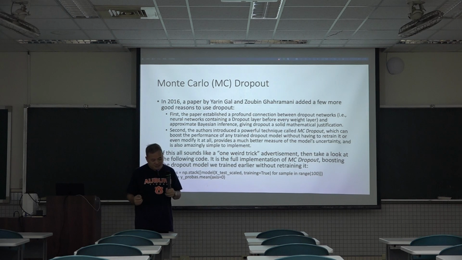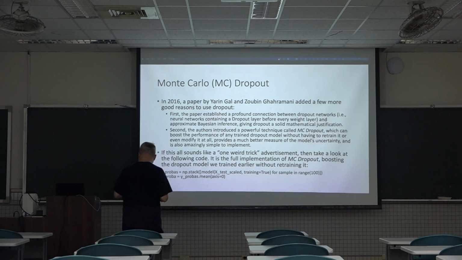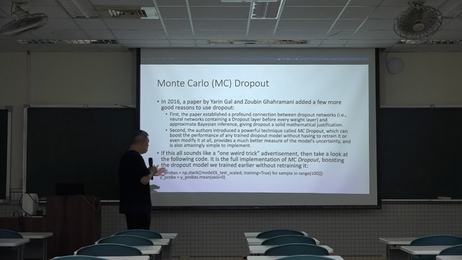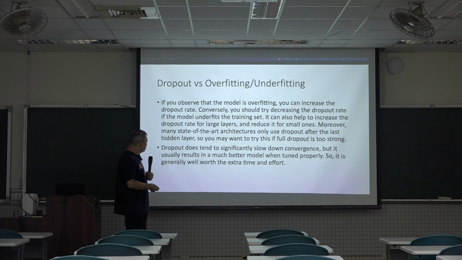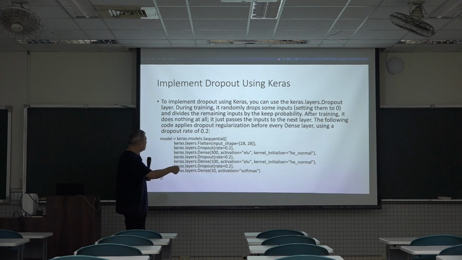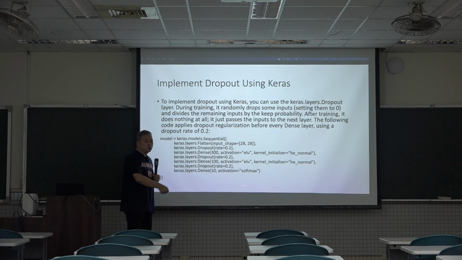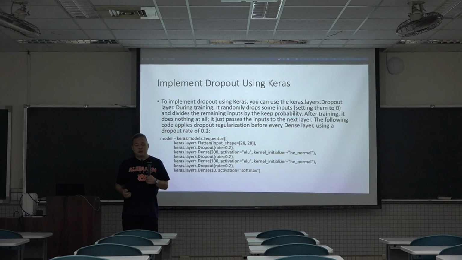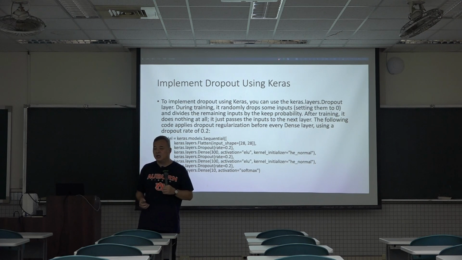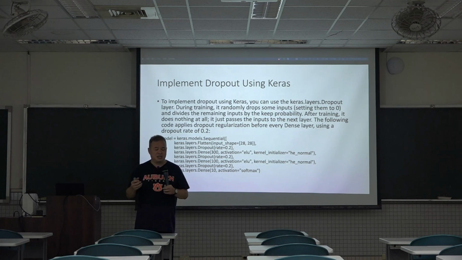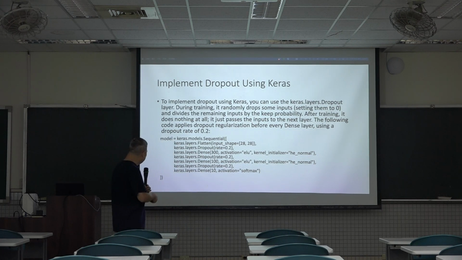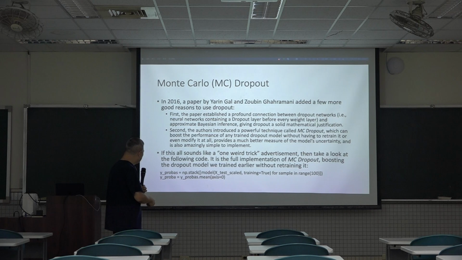What exactly is this? Let me show you an example. Assume we use dropout to train a model to classify Fashion MNIST. Assume we already have a trained dropout model here. Can you understand what these two statements are doing?